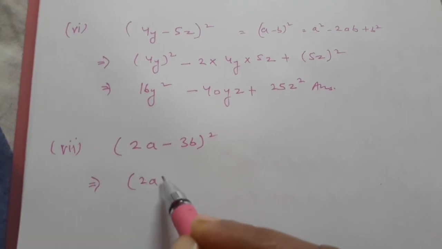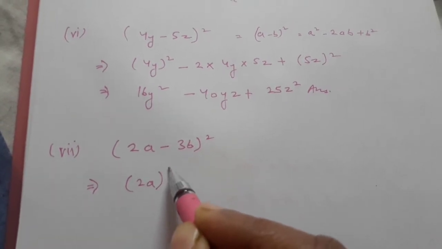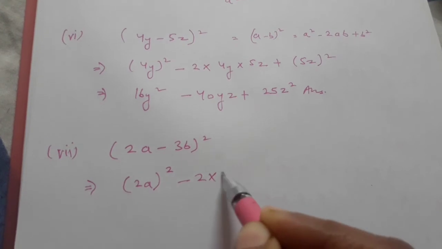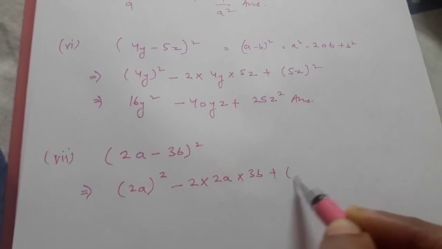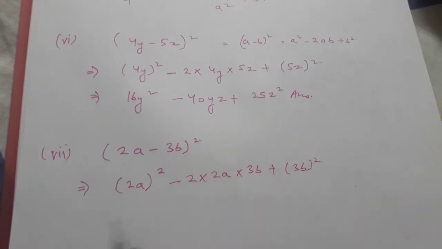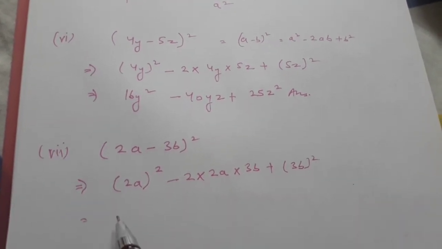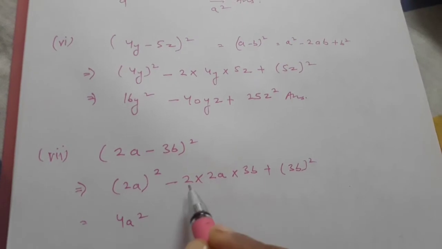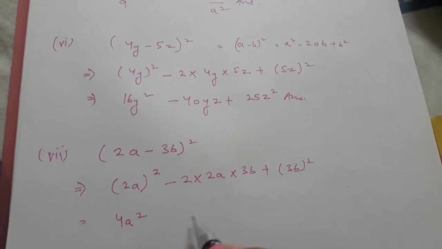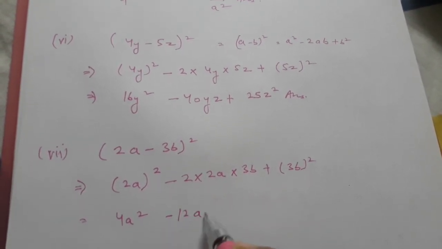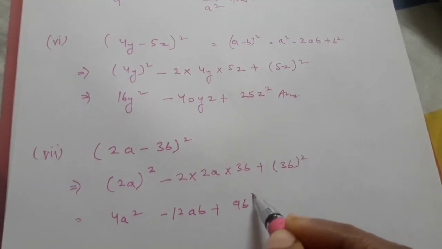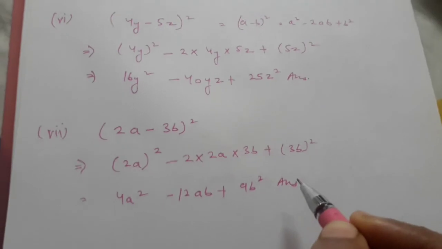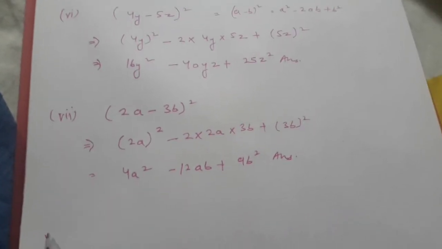So a square minus 2 into 2a into 3b plus 3b square. So 2a whole square would be equal to 4a square minus 2 2s are 4, 4 3s are 12, ab, plus 3 3s are 9b square. So this is the answer for the seventh part. Now the eighth part.